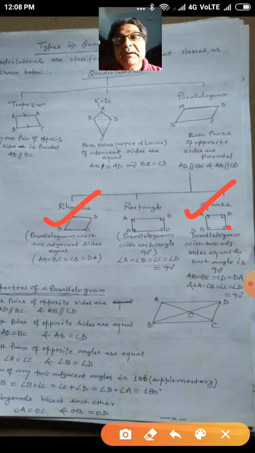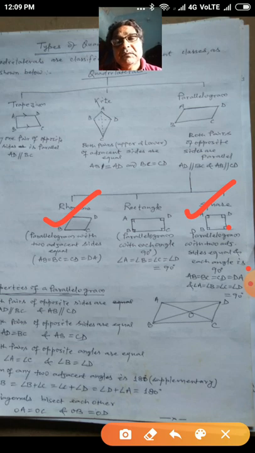Again we compare the square with this rectangle. You see, in square also each angle is 90 degree like rectangle. It means it possesses the property of rectangle also. It means the square is a rectangle also.